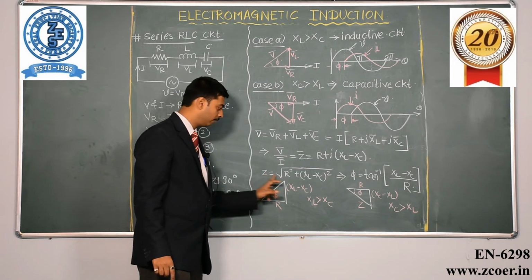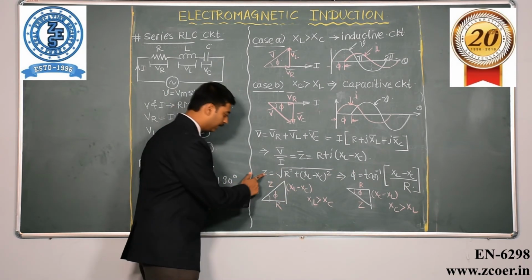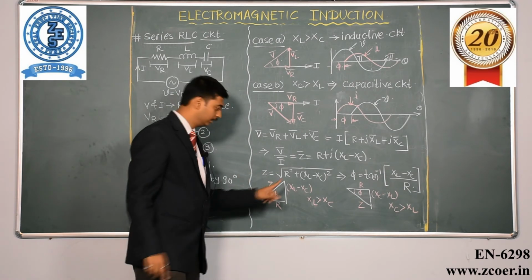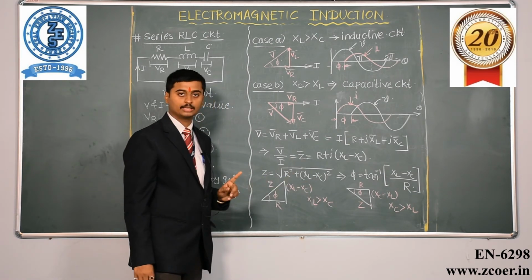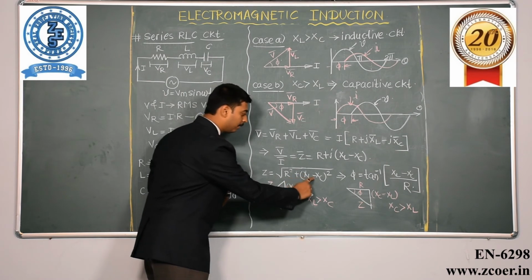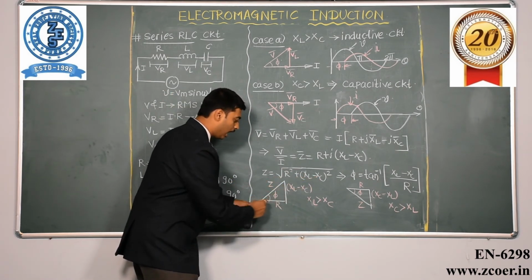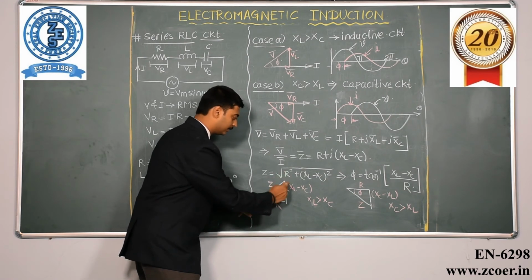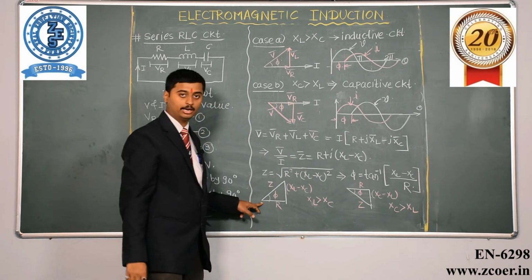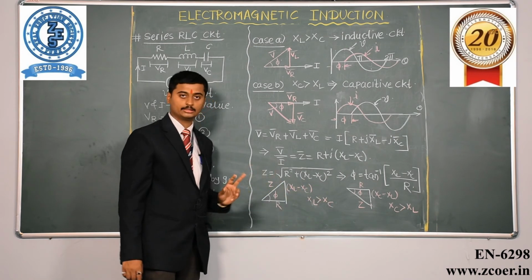Now from that we have drawn the impedance triangle. Z is taken as the hypotenuse. As XL minus XC is positive, we have drawn it like this: this is R, this is XL minus XC, and the resultant is Z, for XL greater than XC.